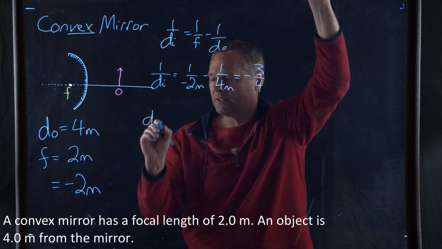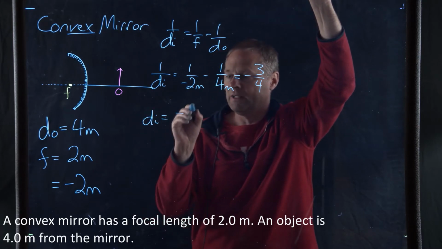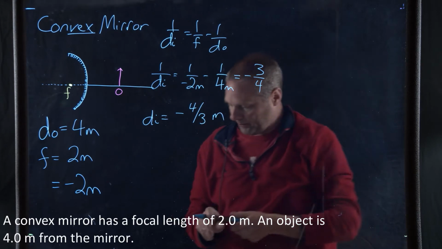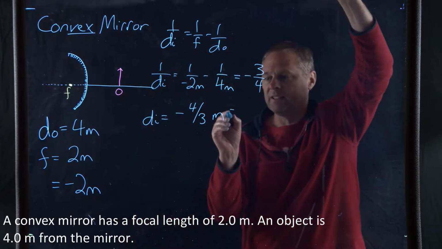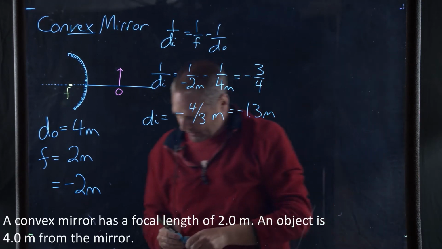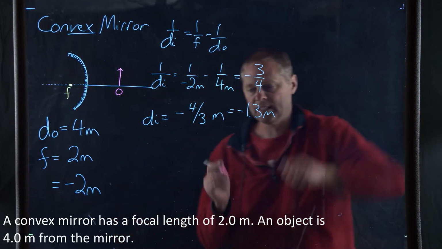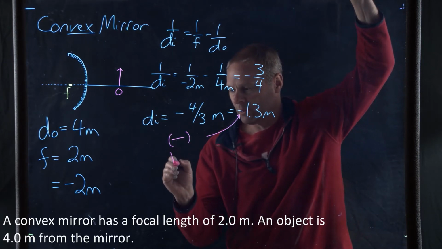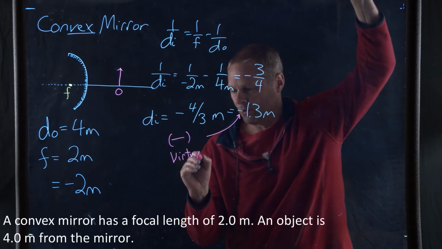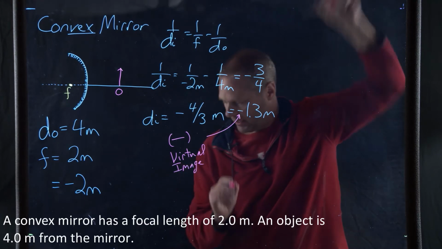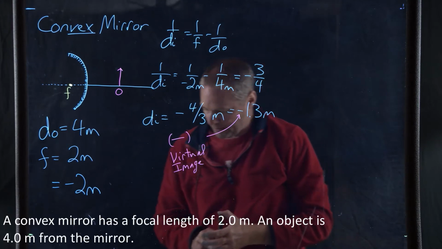Therefore, our distance of the image is going to be a negative 4/3 of a meter, or we can say this is equal to a negative 1.3 meters. Now, because this is negative, this is going to be a virtual image.